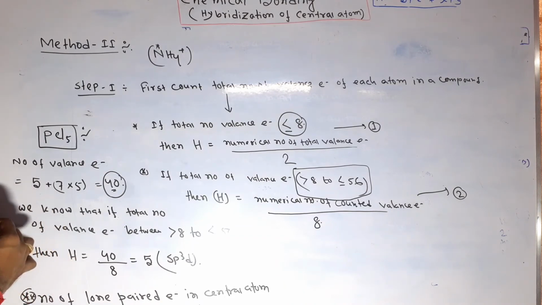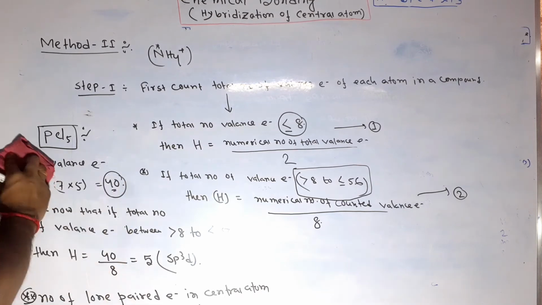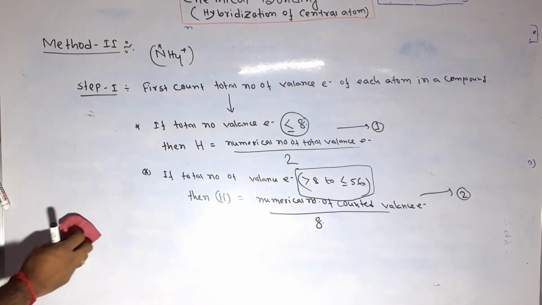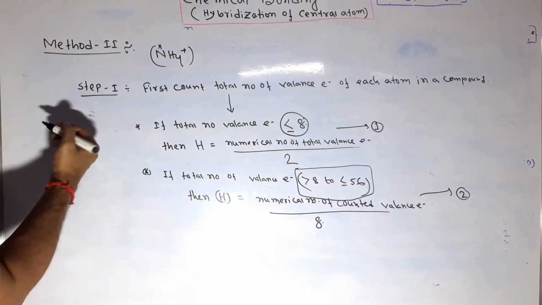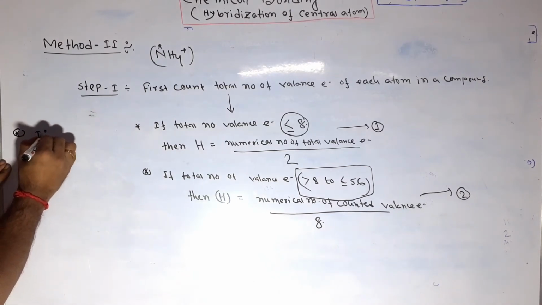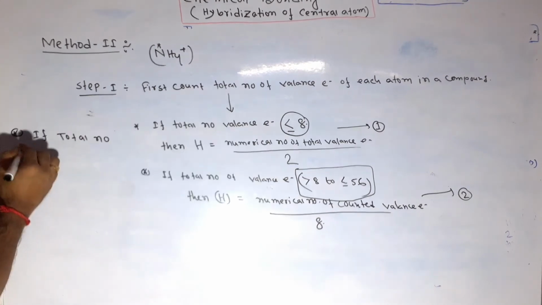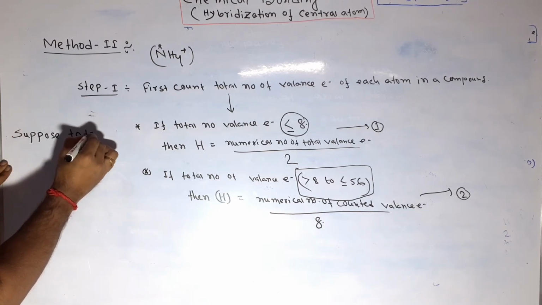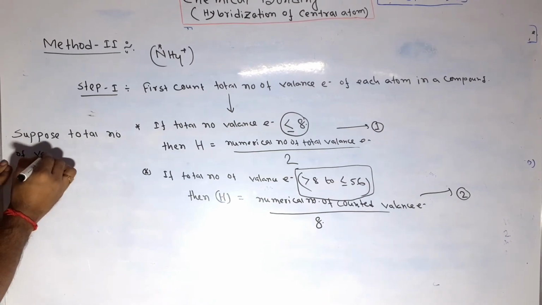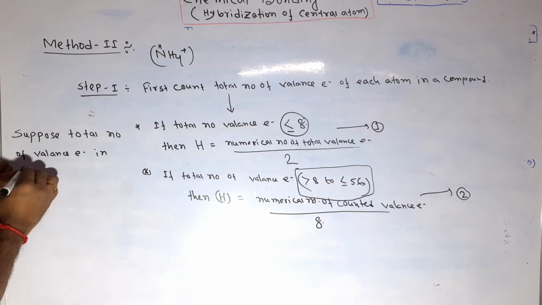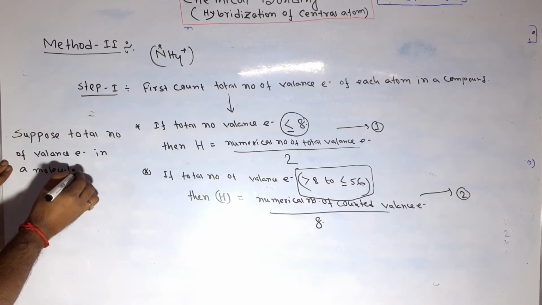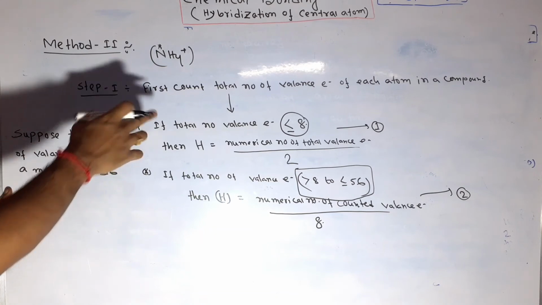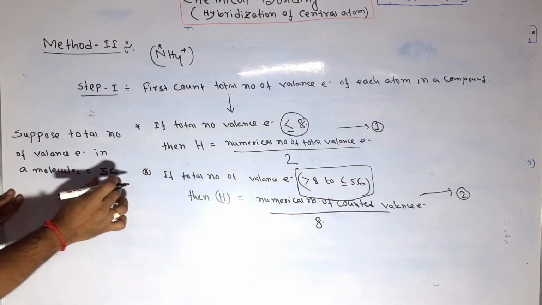Suppose another example: the total number of valence electrons in a molecule or compound is 36. Suppose the total number of electrons you counted is 36, then what is the range limit?